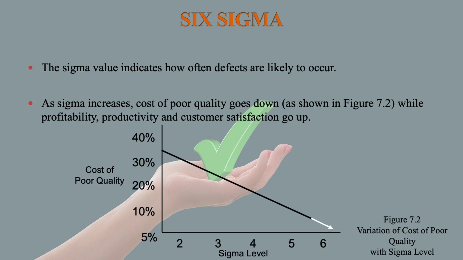So, the vertical axis represents cost of poor quality and the horizontal axis represents the Sigma level. You see in the figure that as the Sigma level increases, the cost of poor quality decreases. So, this is the variation of cost of poor quality with Sigma level diagram.